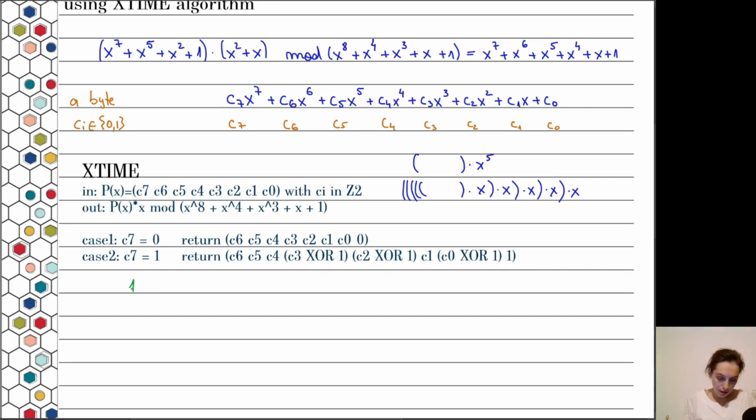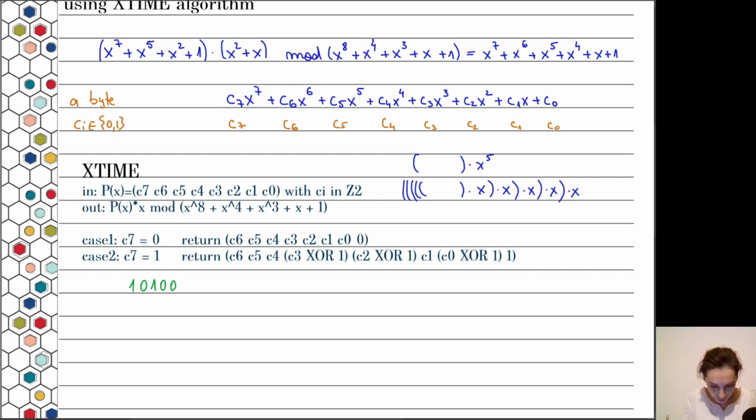The first coefficient is 1, which is C7. C6 is 0. C5 is 1 because x powered by 5 exists here in our polynomial. The coefficient for x powered by 4 is 0. The coefficient for x powered by 3 is 0.